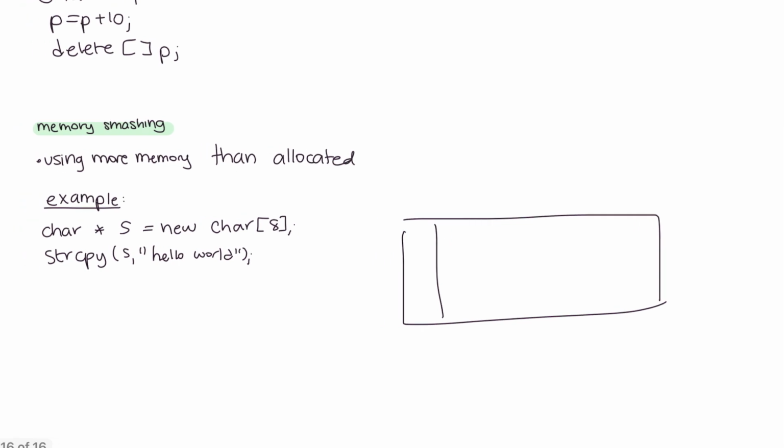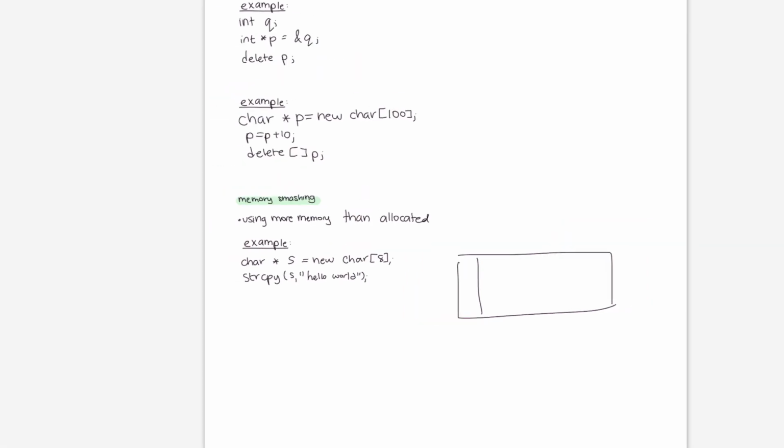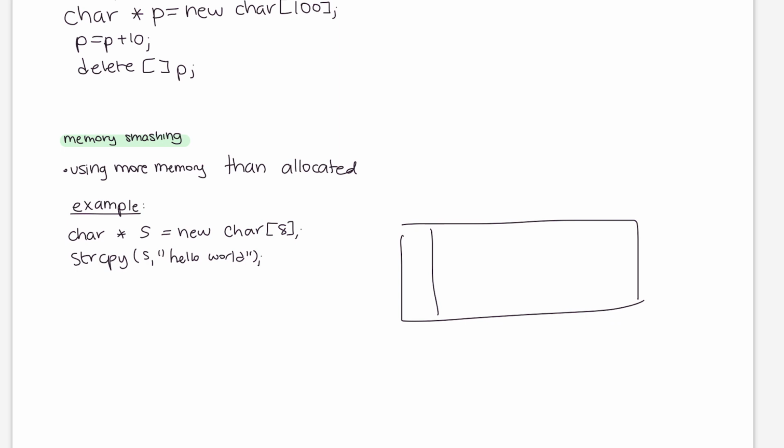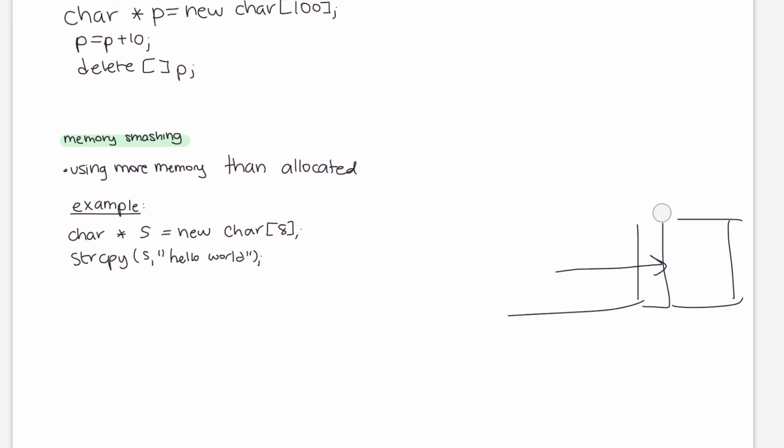Well, if I try to put something that is longer than the 8 bytes, for example, hello world, well, I'm going to be writing past the space I've allocated, and if there are more chunks of memory next to it, see how it's corrupting the nearby neighbors. He's an evil neighbor. So yeah, that's going to be causing issues later on down the line if you try to malloc or free again.